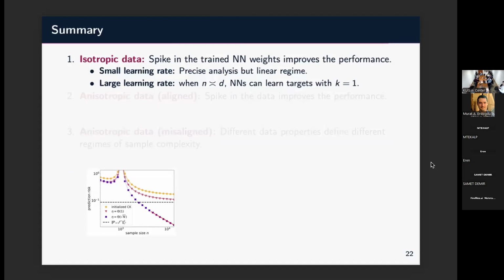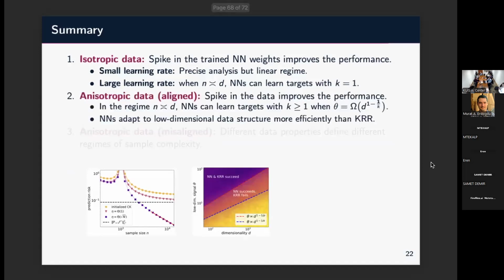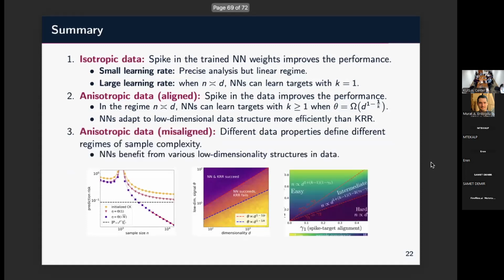Then in the anisotropic setting, we show that neural networks adapt to this additional data structure a lot more efficiently compared to kernel methods, and we can actually provide a separation between neural networks and kernel methods. And in the last one, we interpolated between these two and showed three different regimes of sample complexity when it comes to learning with two-layer neural networks.